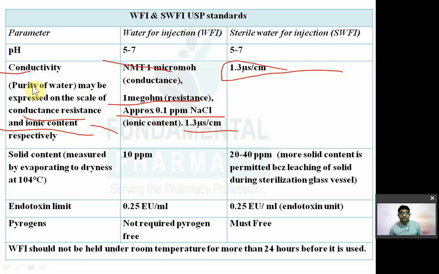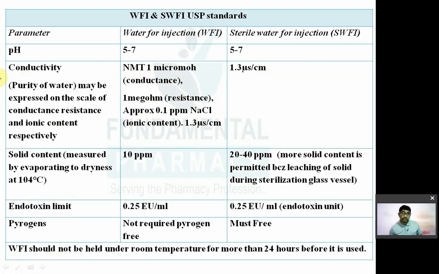These are the specifications of water for injection. यहाँ पे इसके ऊपर मैं एक बार बोलता हूँ आपको, क्योंकि इसके ऊपर क्वेश्चन आता जाता है. सो कंडक्टिविटी ऑफ वाटर फॉर इंजेक्शन एंड स्टेराइल वाटर फॉर इंजेक्शन. सो कंडक्टिविटी क्या होना चाहिए, 1.3 माइक्रोसीमेन्स पर सेंटीमीटर. वाटर फॉर इंजेक्शन का कंडक्टिविटी भी मेजर कर सकते हैं, कंडक्टेंस मेजर कर सकते हैं. कंडक्टेंस कितना होना चाहिए, नॉट मोर देन 1 माइक्रोमो, एंड रेजिस्टेंस कितना होना चाहिए, नॉट मोर देन 1 मेगोम. देन आयनिक कंटेंट शुड बी अप्रोक्सीमेटली not more than 0.1 ppm.